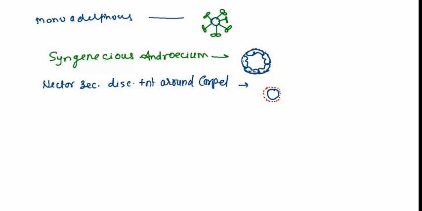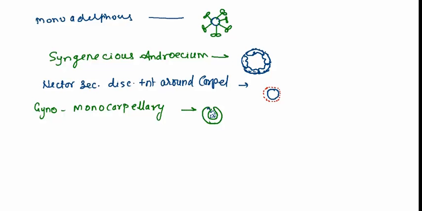If gynoecium is monocarpellary, that is a single carpel is present in a gynoecium, then the diagrammatic representation of such gynoecium looks like this. This is a diagrammatic representation of the gynoecium having monocarpellary ovary.